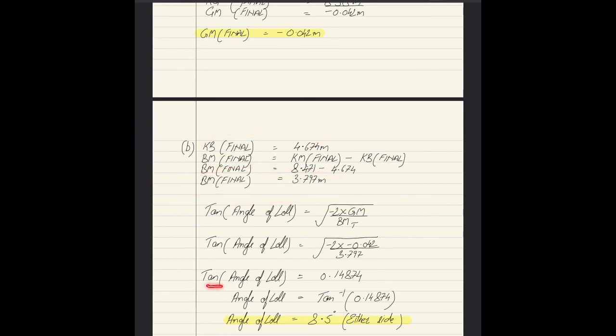So tan of angle of loll will be given as 0.14874, and angle of loll will be equal to tan inverse of 0.14874. So angle of loll would be 8.5 degrees, which can be on either side because it can either go to port or it can go to starboard.